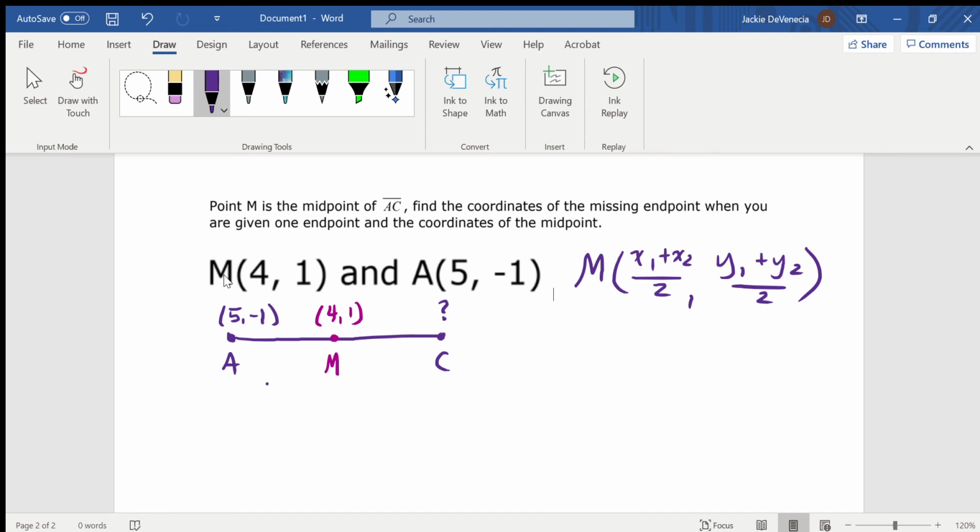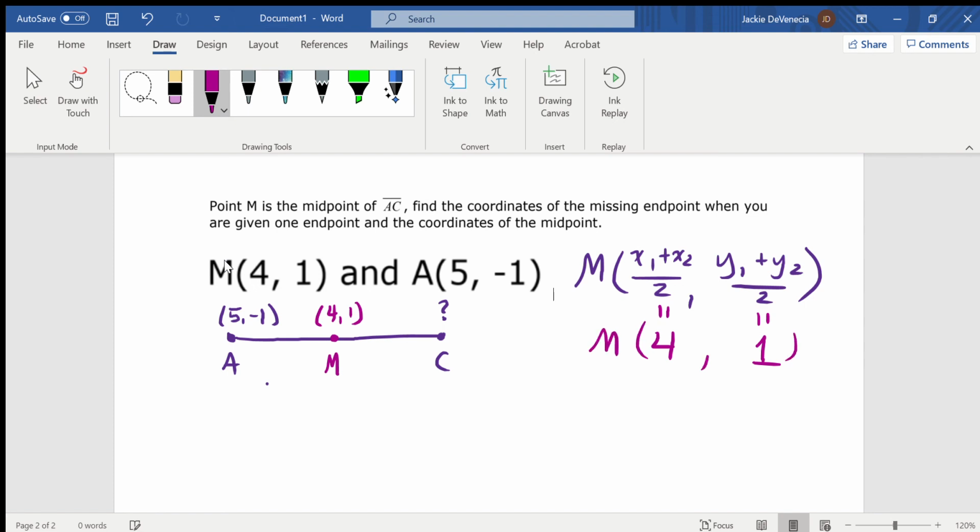So this is saying that whatever I plug in for x1, x2, y1, y2, this should equal a 4, and this should equal a 1, going by the midpoint that they gave us.